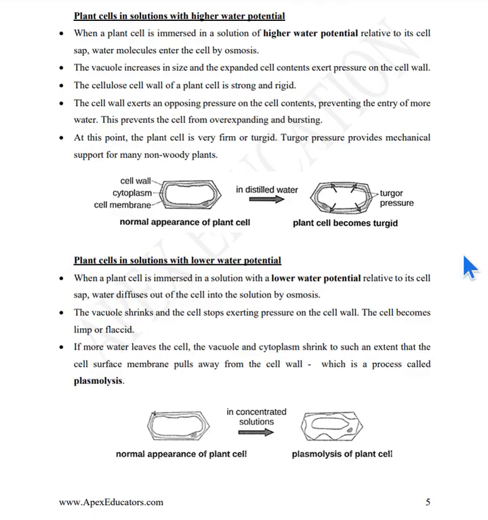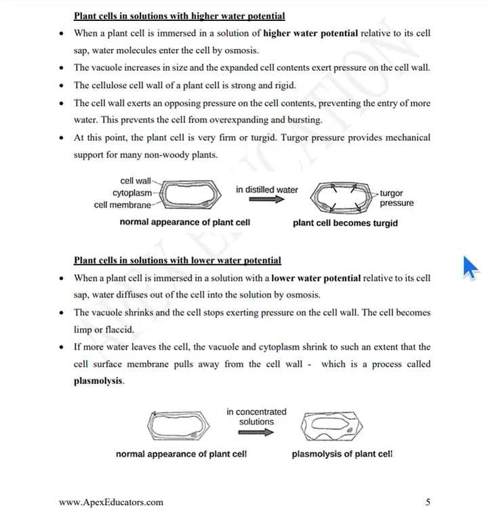And you need to tell me that the cell wall exerts an opposing pressure on the cell contents, preventing the entry of more water, and it prevents the cell from overexpanding and bursting. At that point, the plant cell is very turgid. You need to learn the word turgid. And the pressure provides mechanical support for many non-woody plants.